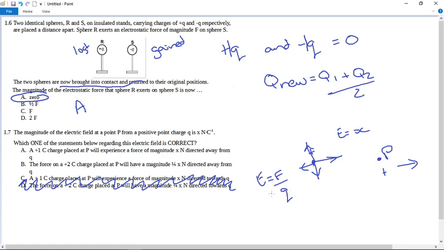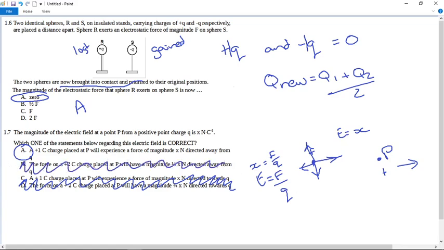So if we want the force per coulomb, and it says that this X equals the force per coulomb, the only way for this to be correct is if the charge is 1 coulomb, because if we divide that by 2, it is going to be the charge 2 in number B. It says the force on a 2 coulomb charge. If E equals F over Q, if we divide the force by 2, it is not going to have the same magnitude. So the answer is A.